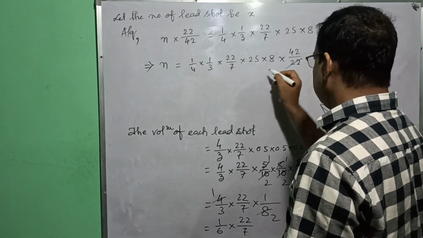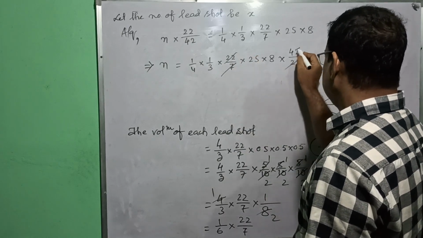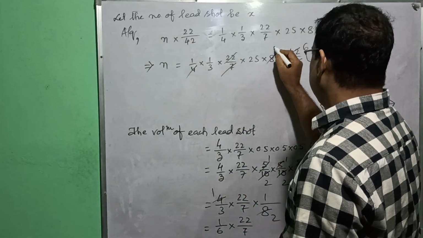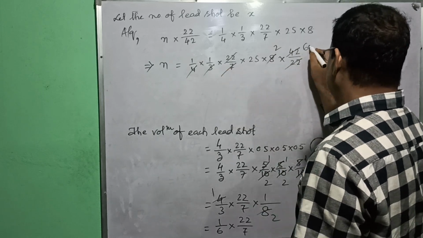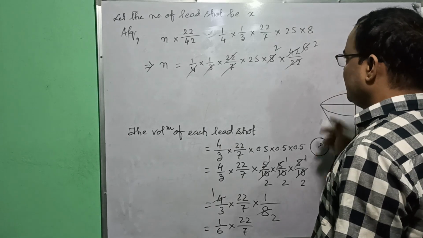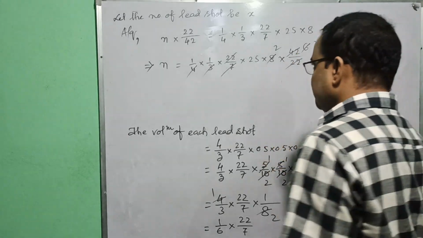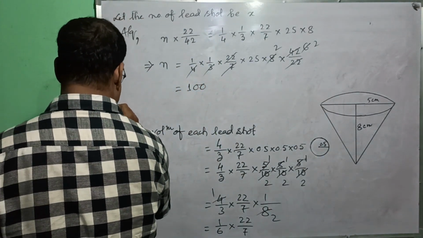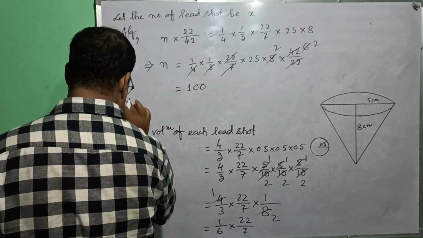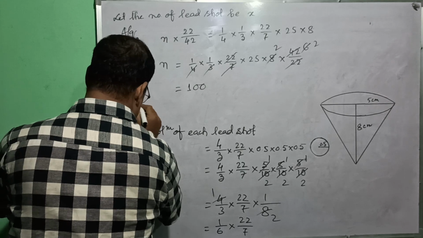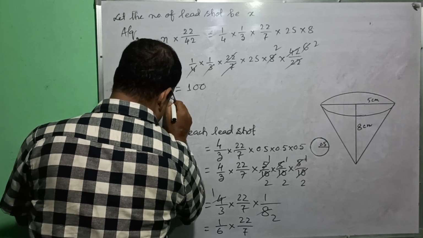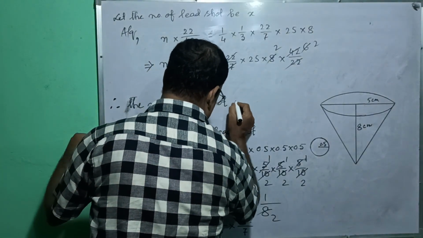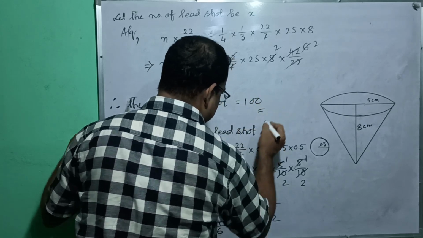Now we'll cancel 22, 7 and 6 times, then 4 into 8 and 3 into 6. So here 2 to 4, 4 into 25 equal to 100. So we'll write the answer. Therefore the number of lead shots equal to 100. So this is the answer.